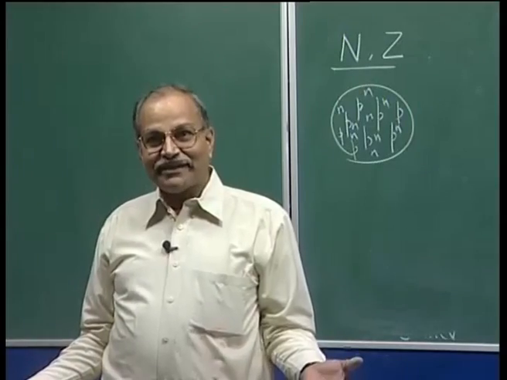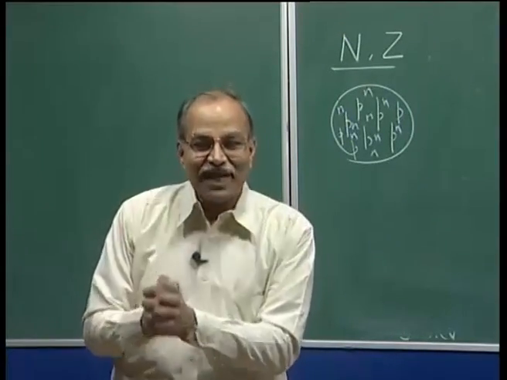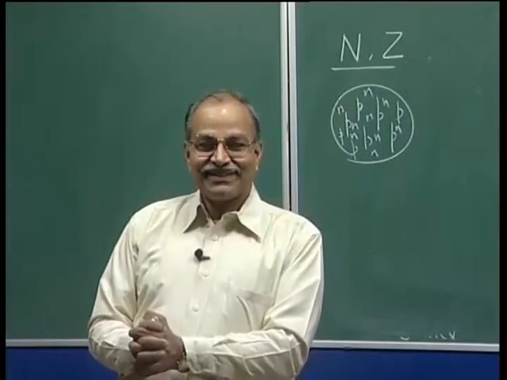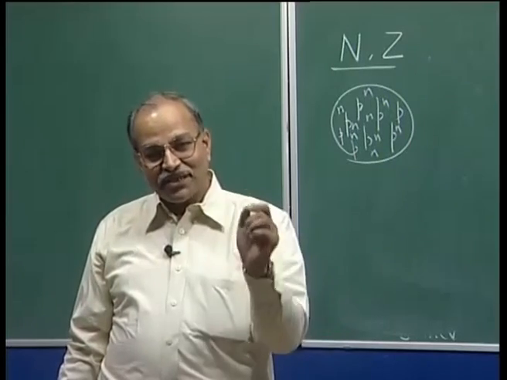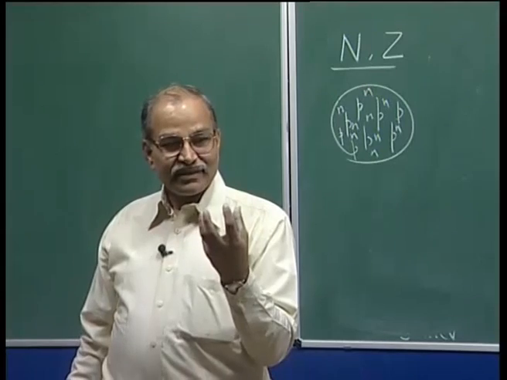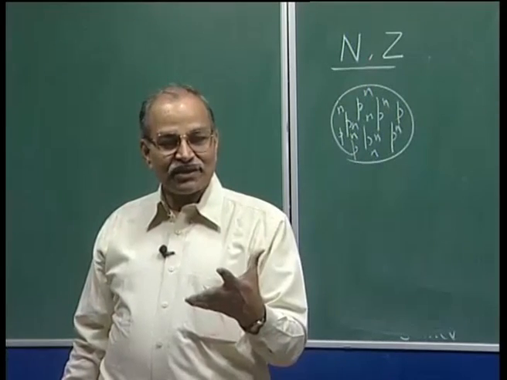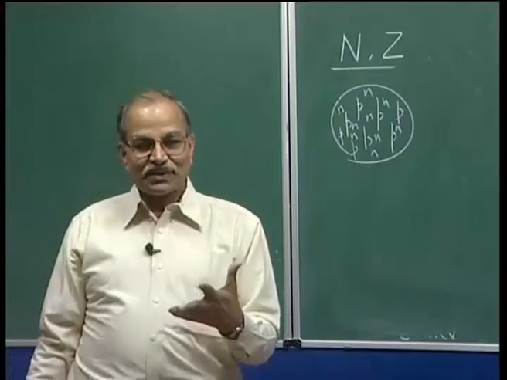But if I take 10 neutrons and try to make a nucleus, what will happen? There is no Coulomb force, but even that is not possible. There are certain combinations of Z and N which give you a nucleus. Arbitrarily you cannot put any number of neutrons and any number of protons.